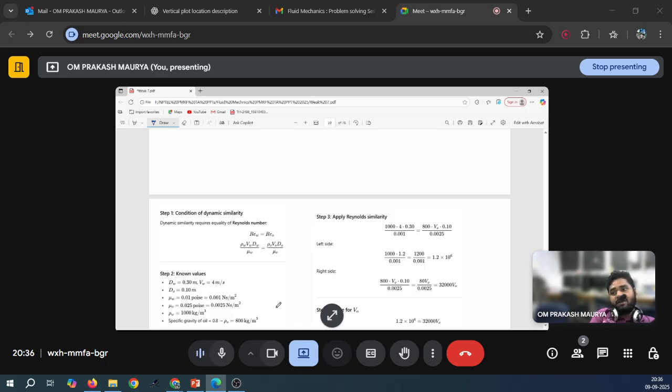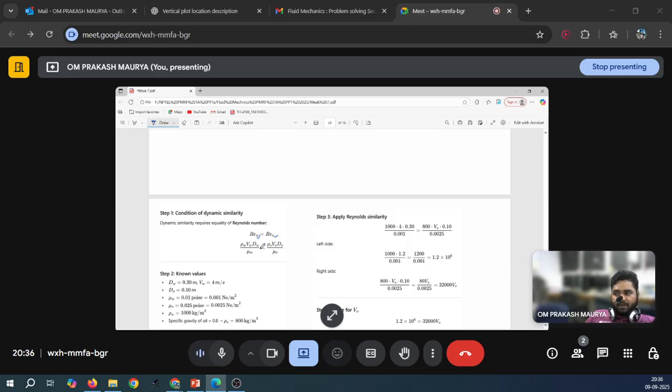So for the dynamic similarity, you need to maintain the Reynolds number. So let us equate the Reynolds number of water and Reynolds number of oil.